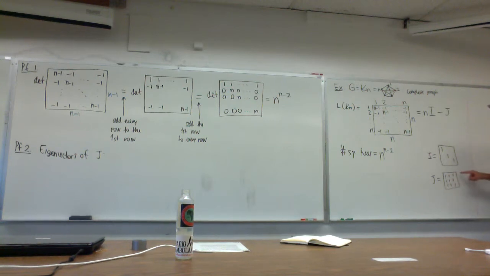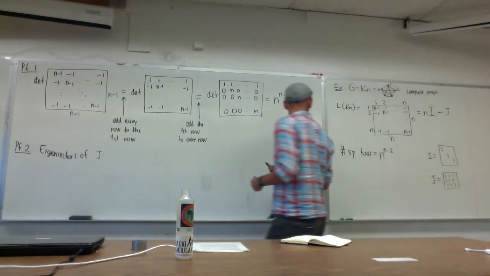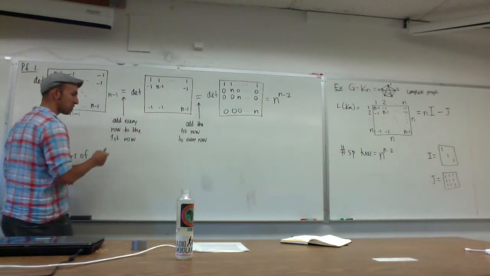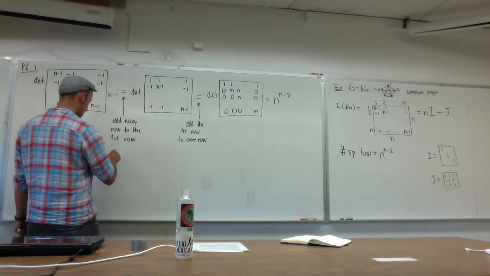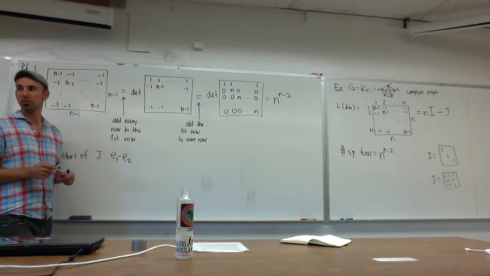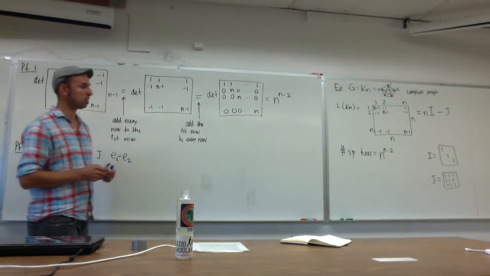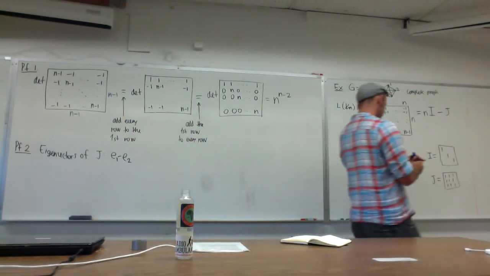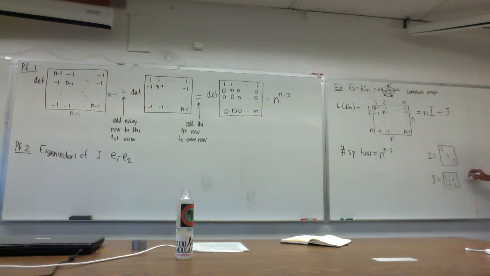So you should take this, multiply it by a vector, and get a multiple of it. Well, let me show you one. E1 minus E2, where these are the unit vectors. So maybe I'll just kind of draw a picture here.